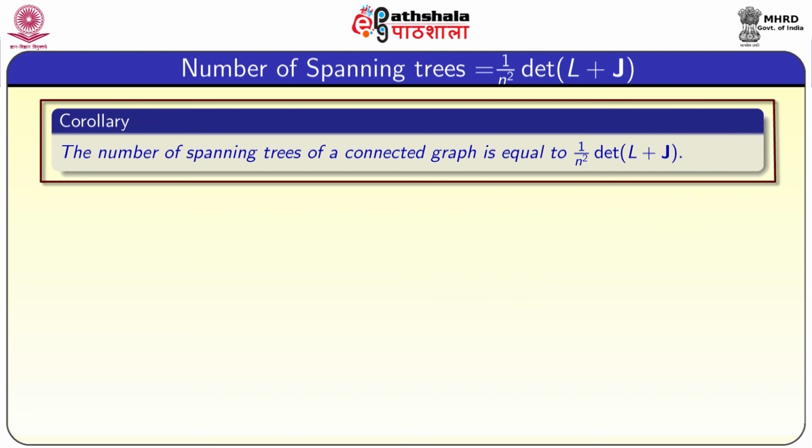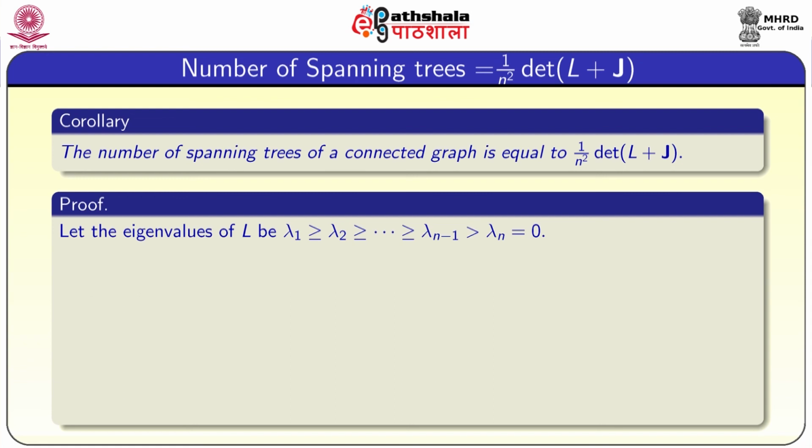Now we will see a corollary. The number of spanning trees of a connected graph is equal to 1 by n square times determinant of L plus J. Let the eigenvalues of L be lambda 1 greater than or equal to lambda 2 and so on lambda n minus 1 greater than lambda n equal to 0.